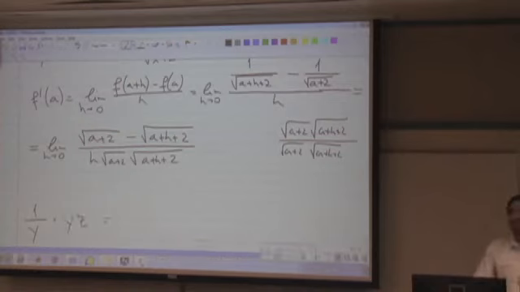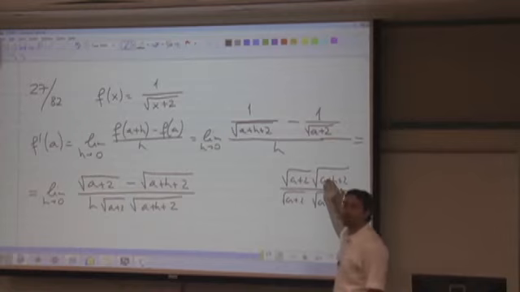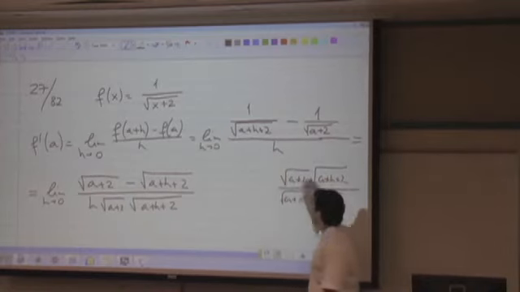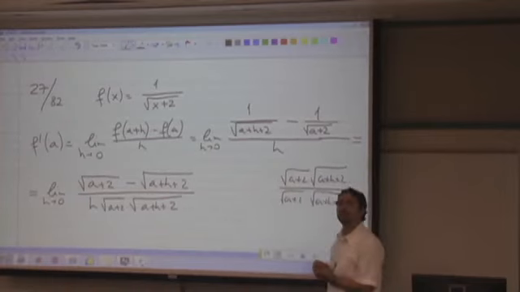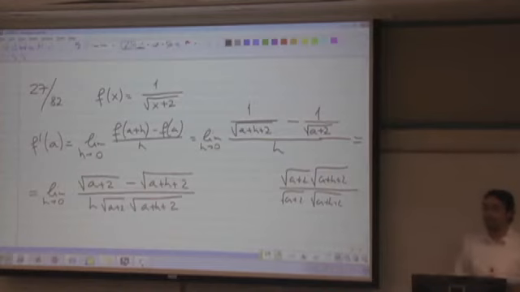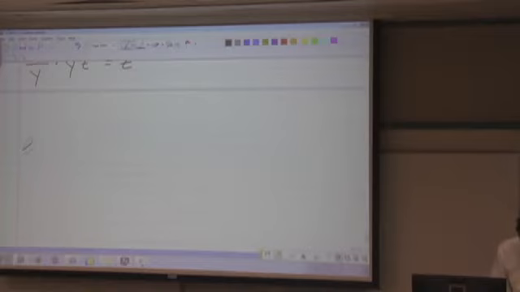What do you get? Y over z over y, which is z. Well, that's exactly what we're doing here. This is y, this is z. What do you get? 1 over z times y times z. You get that. Yes? But isn't it square root of a plus 2 over square root of a plus 2 times the square root of a plus h plus 2? And then, can you just show it, I guess?